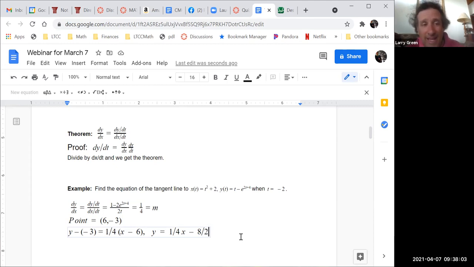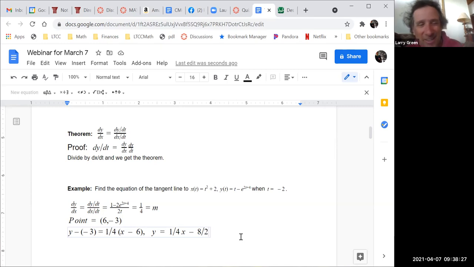Okay, so then that was the first thing to do. The second is, if we know how to find a derivative, how do you find a second derivative? Repeat the process. You can repeat the process, or better yet, we have a theorem. It'll be a lot easier with the theorem.